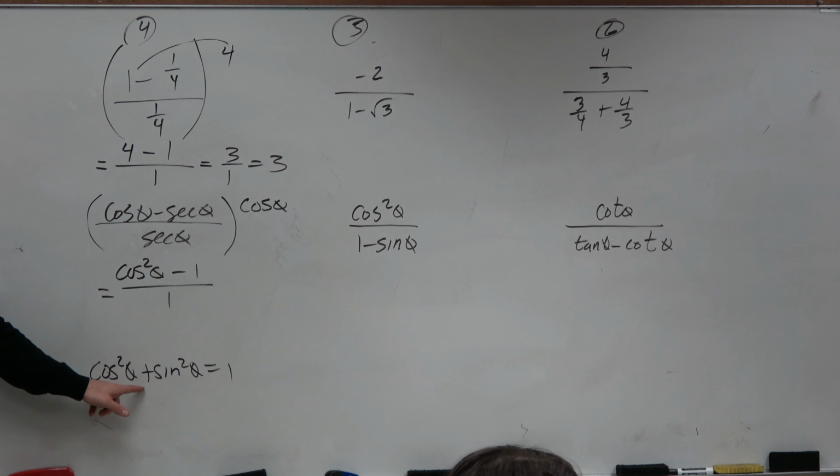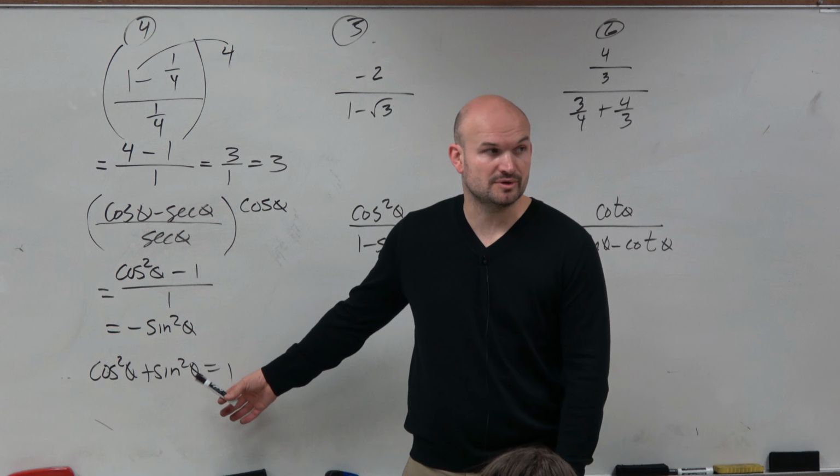So if I subtract a 1 to give me cosine squared of theta minus 1, I would need to subtract the sine squared. So therefore, this is equal to negative sine squared of theta. Do you guys see why it's a negative sine squared, not a positive sine squared? Yes? We need to know this, and we need to make sure we know how to manipulate it as well.